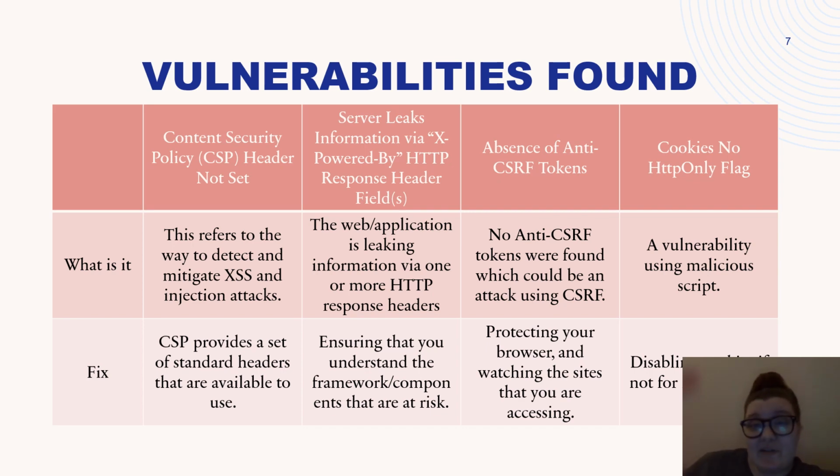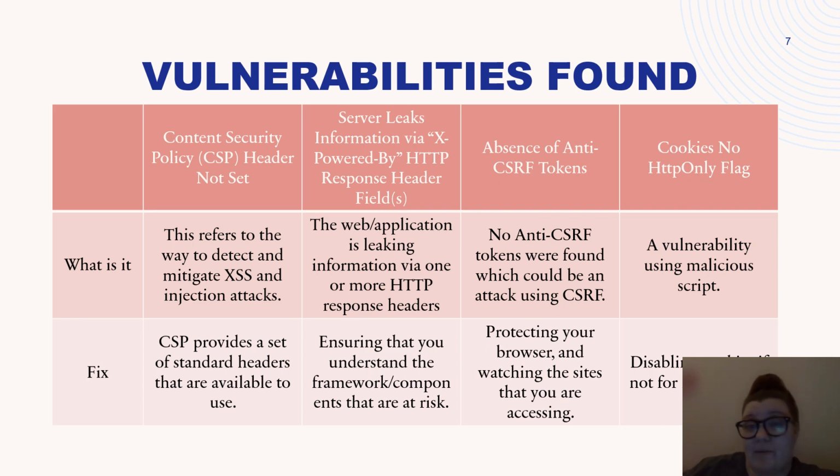The second one, server leaks information, refers to a web application leaking information via one or more of the HTTP response headers. In order to prevent or fix this, we want to ensure that we understand the framework and components that are at risk. The third one, absence of anti-CSRF tokens.